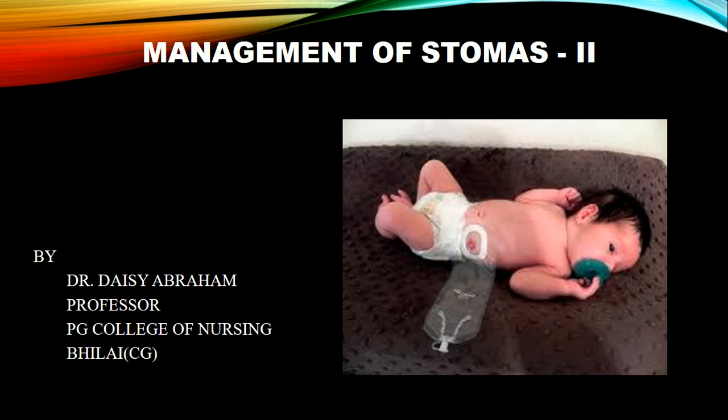Then we studied in detail how to do a colostomy irrigation. So that part is already over. Now today we are going to end this topic by studying some basic aspects of gastrostomy. Yesterday was classification plus detail of colostomy. Today it will be gastrostomy, because these are the basic stomas that we have in our body.